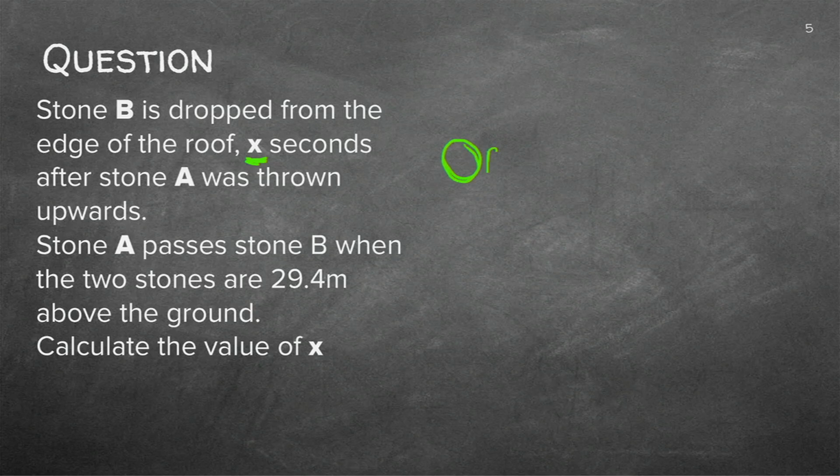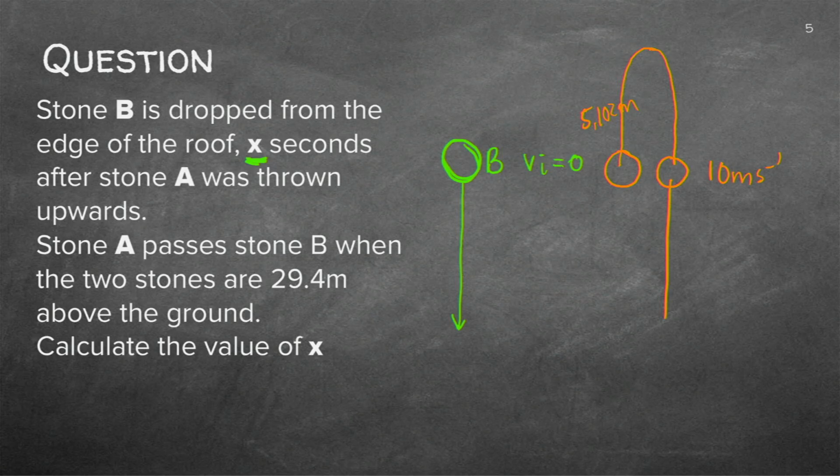So I've got B being dropped, so that's 0, and it's going down. I also have A, which we did on the previous slide. It went up 5.102 meters. It came down. It was launched with 10 meter per second, and it's now going down.